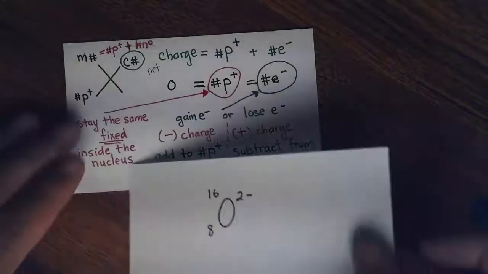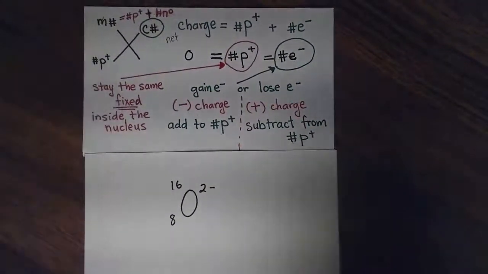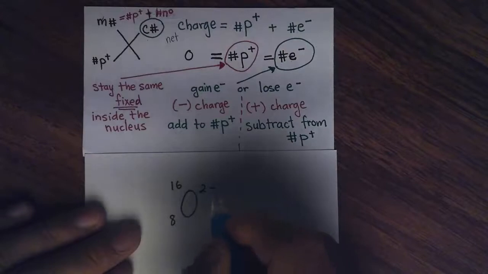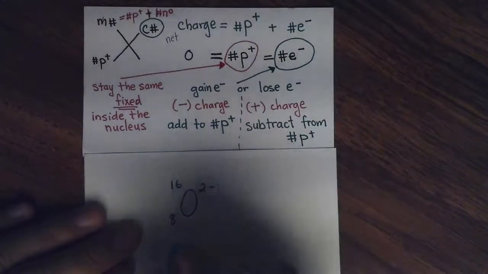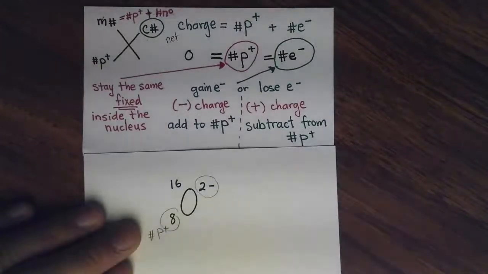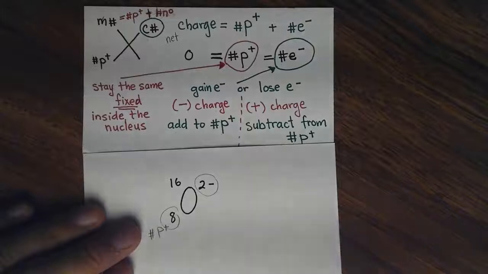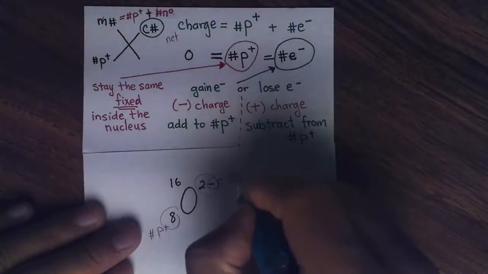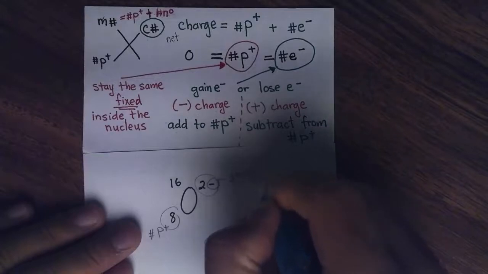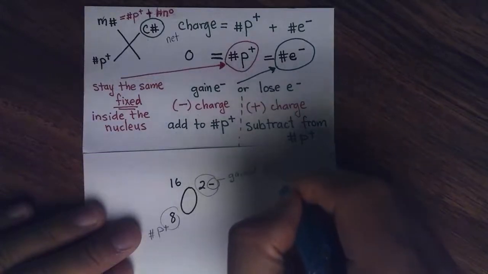In this case, what I have here is oxygen. So first of all, this is our net charge, and this is our number of protons right there. So what we have here is that the negative indicates that it has gained 2 electrons.